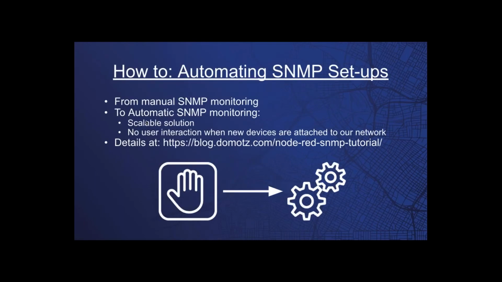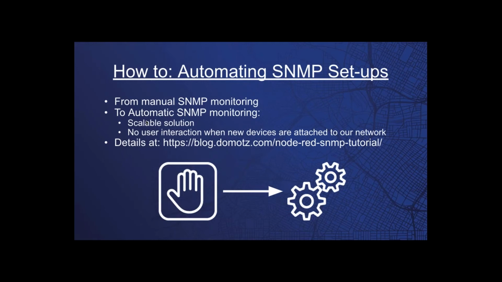Okay, yes. So the idea here is to help you transitioning from a manual SNMP monitoring to automatic SNMP monitoring. The idea is that you have many networks to monitor, and new devices are added to your network. And every time new devices are added to your network, sometimes you need to monitor that device with SNMP, and you need to manually add this sensor.